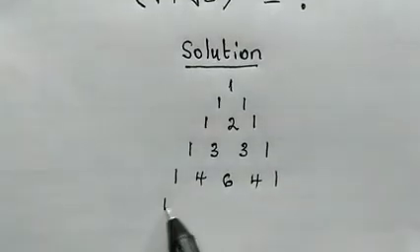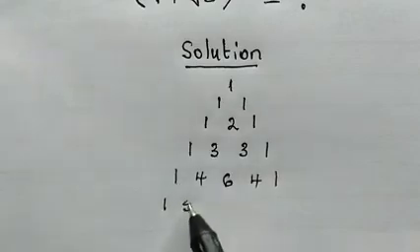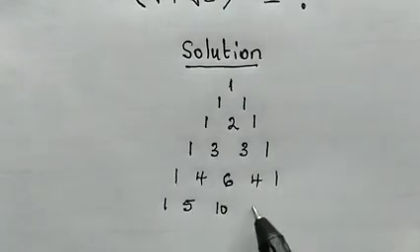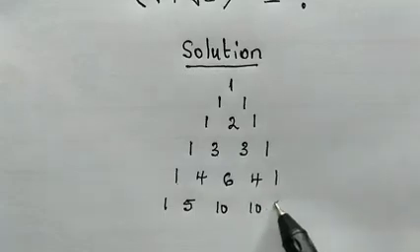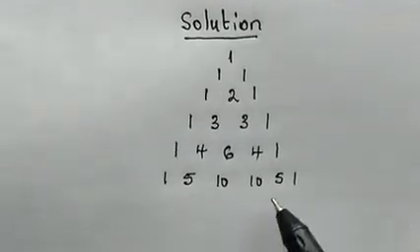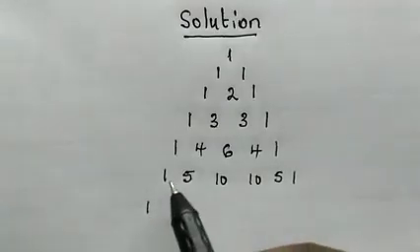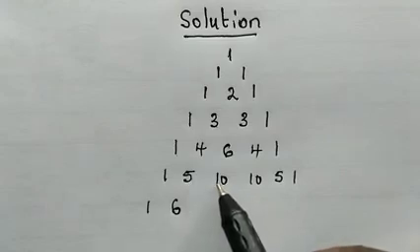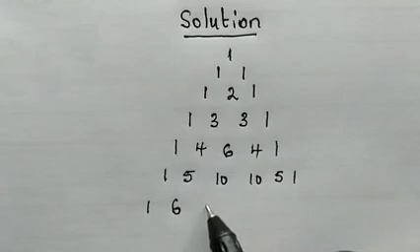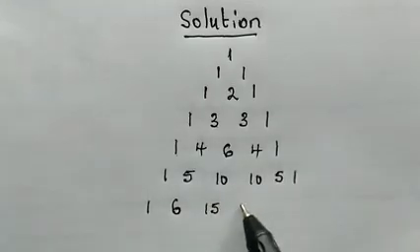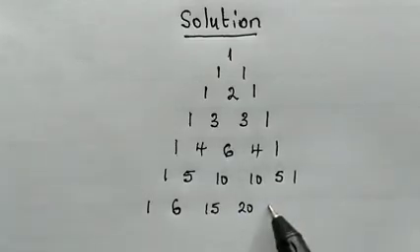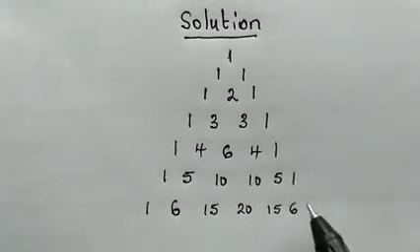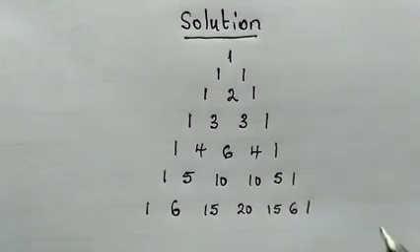Then the next one, we start with 1, then we add 1 plus 4 is 5, 4 plus 6 is 10, 6 plus 4 is 10, 4 plus 1 is 5, and then 1. In the next row, we have 1, then 1 plus 5 is 6, 5 plus 10 is 15, 10 plus 10 is 20, 10 plus 5 is 15, 5 plus 1 is 6, and then we have 1.